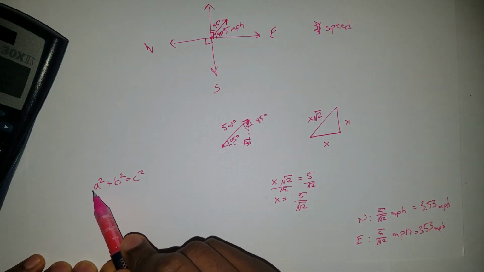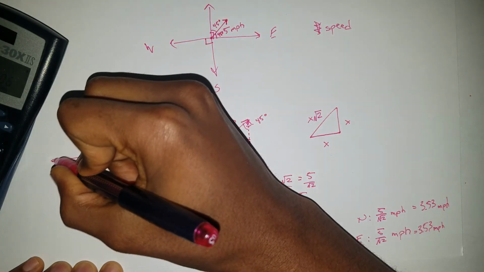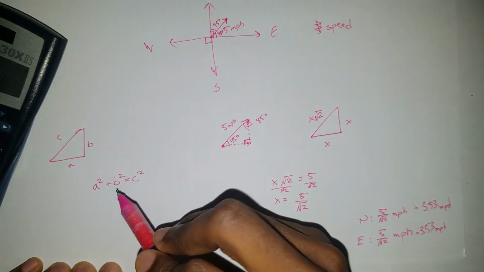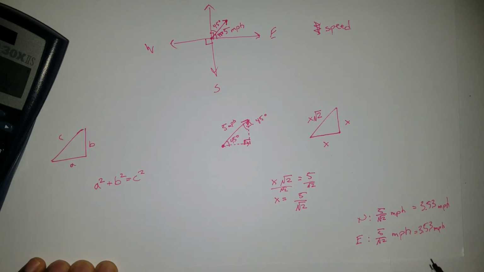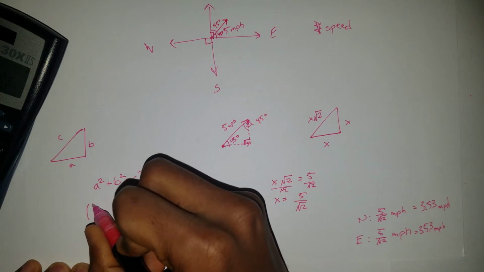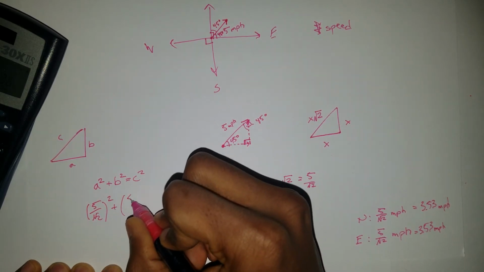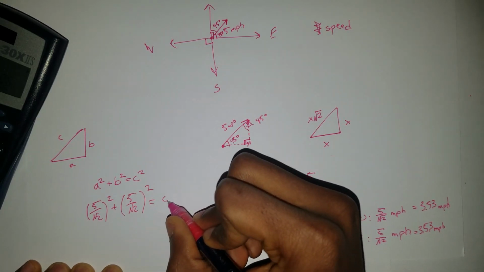Essentially the two sides, a and b, squared, a squared plus b squared, must be equal to the hypotenuse squared. So let's see, 5 over radical 2 squared plus 5 over radical 2 squared equals hypotenuse squared.